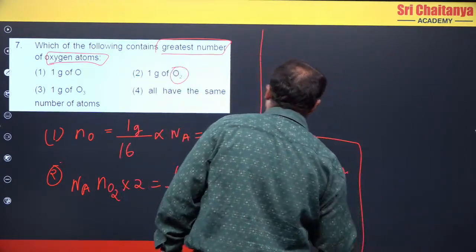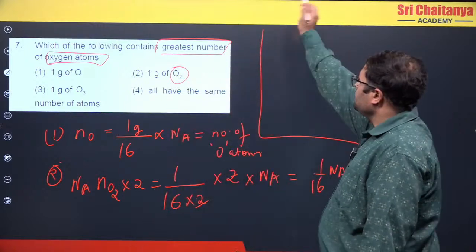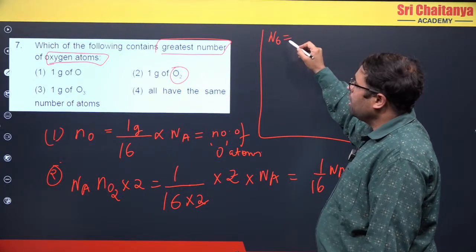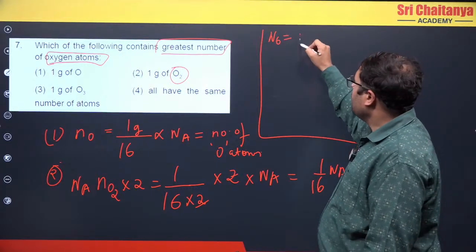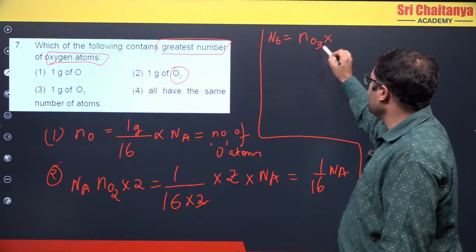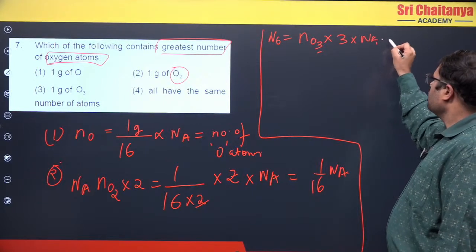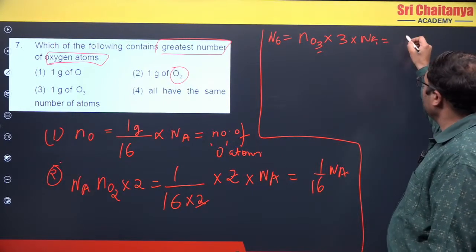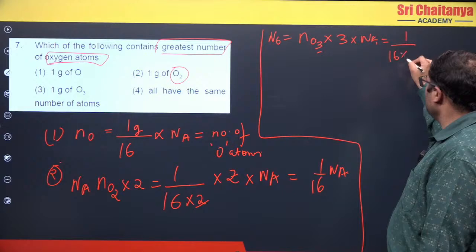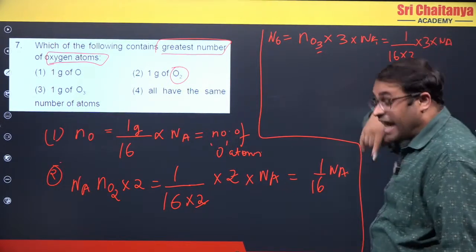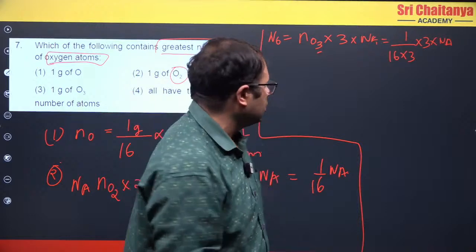Okay. O3. So the number of O atoms for O3, how will you calculate? Again, the number of moles of O3 multiplied by 3 multiplied by Na. So if I do this, quite simply, 1 by 16 into 3 into 3 into Na. Again, yes, this is a trick question.